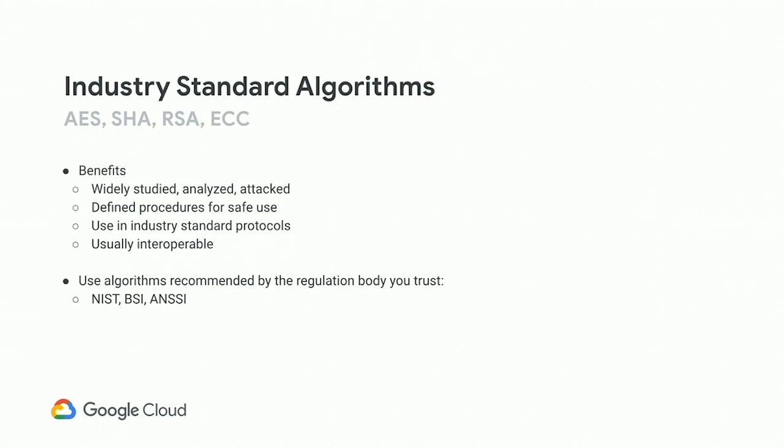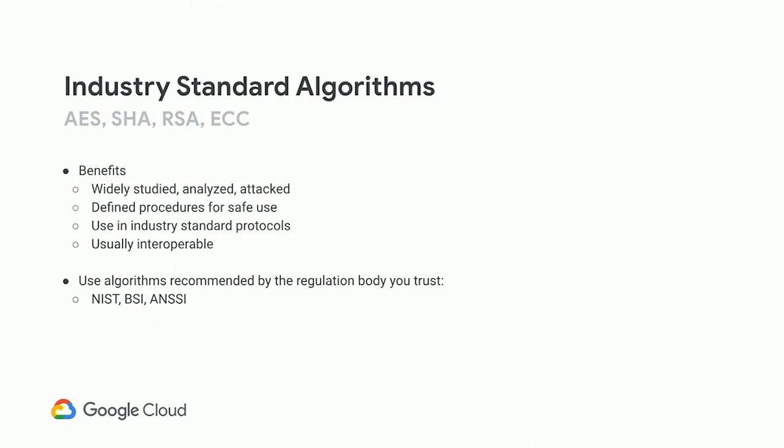Right. The next thing to consider is you should only use industry standard algorithms. The major benefit of these algorithms is that they are widely studied. They've been vetted by regulation bodies that we can choose to trust.